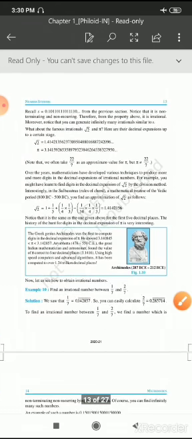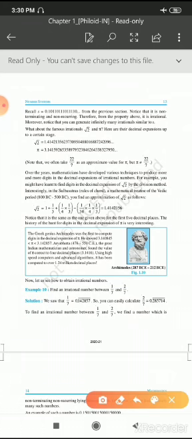Next, example 10. Find an irrational number between 1 by 7 and 2 by 7. In the first exercise, we learned how to find a rational number between two given rational numbers. Now, an irrational number between two given rational numbers. Here, 1 by 7 is a rational number, 2 by 7 is also a rational number. You have to find an irrational number between those two.